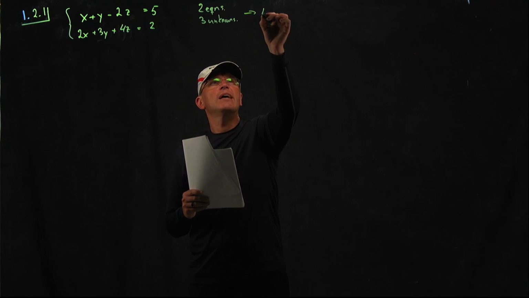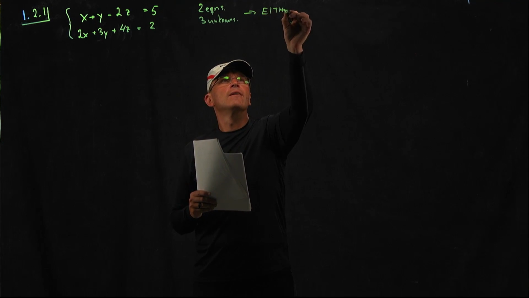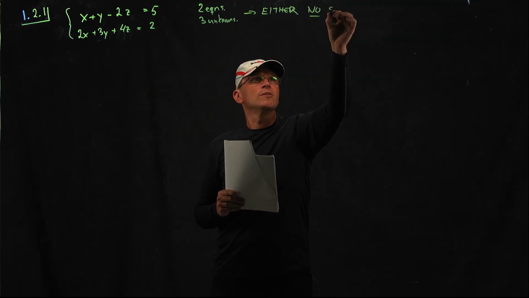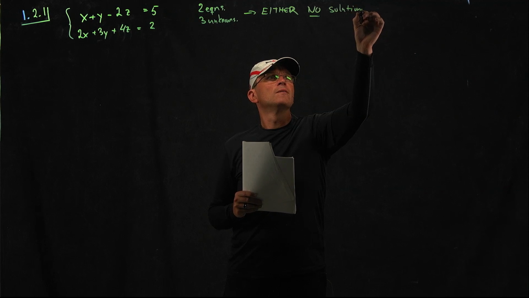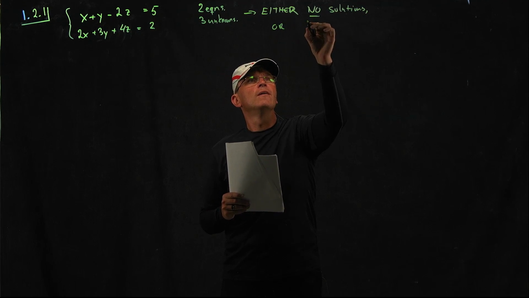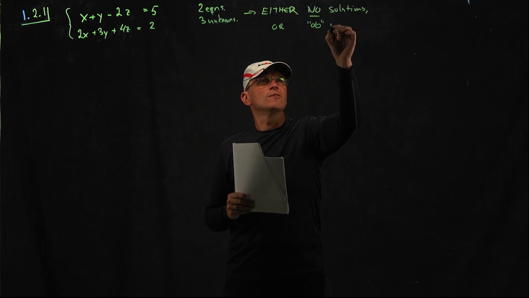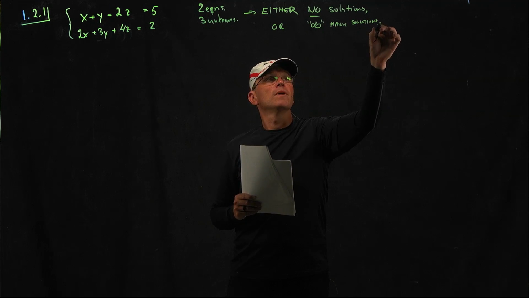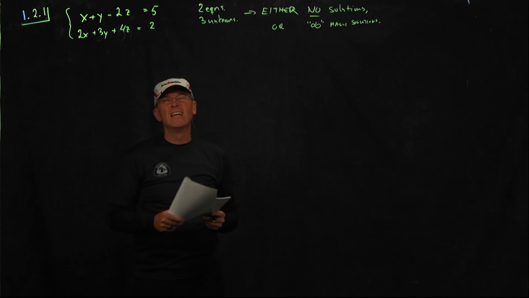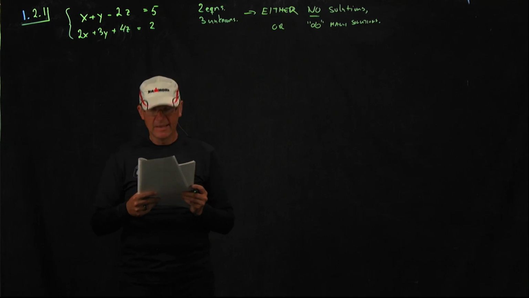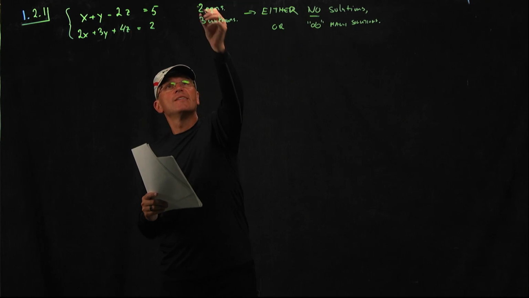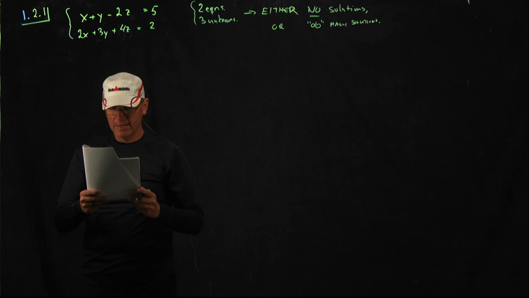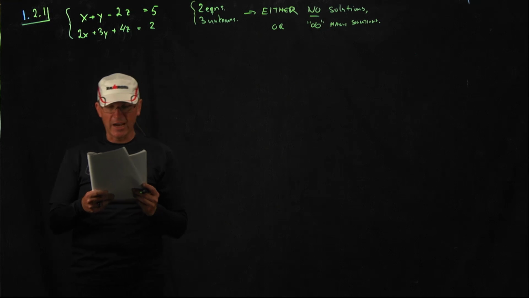So we will have either no solutions or infinitely many solutions. Right, those are the only two possibilities here. And we're going to quantify that going forward. But since we have a mismatch here of number of equations and unknowns, we're guaranteed that one of those things is going to happen.